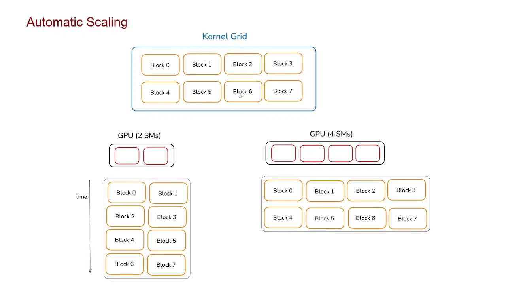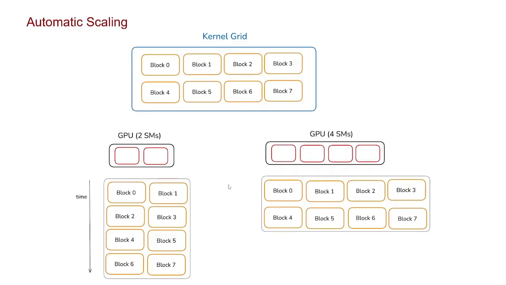Now, one thing to keep in mind is that this scaling up is automatically done by the CUDA runtime. It takes an executable which specifies that we have these many blocks in the grid and so on, and it queries whatever GPU is attached to the CPU. It knows how many streaming multiprocessors there are, and then accordingly it can schedule things within the GPU.